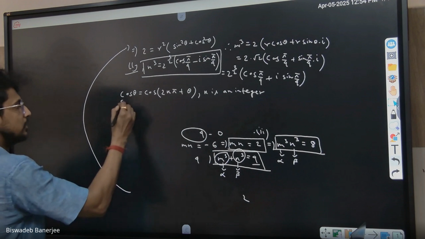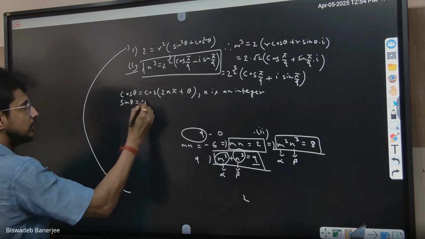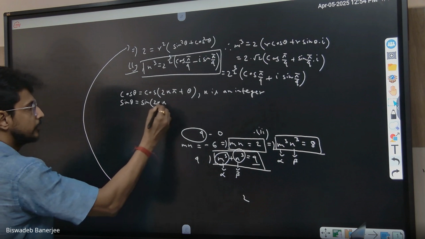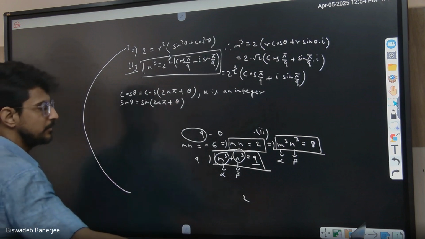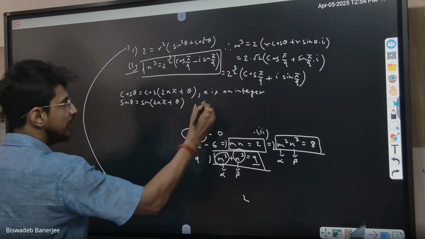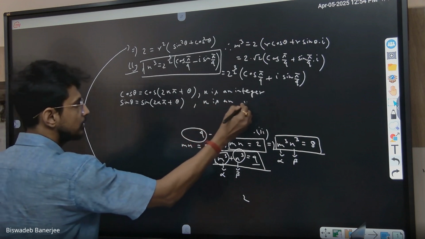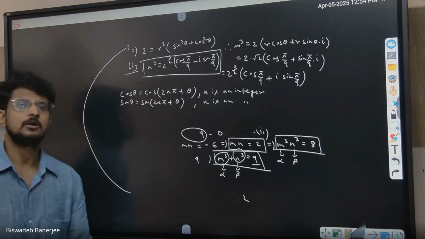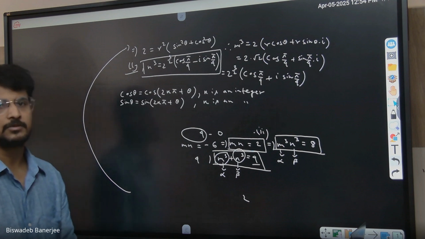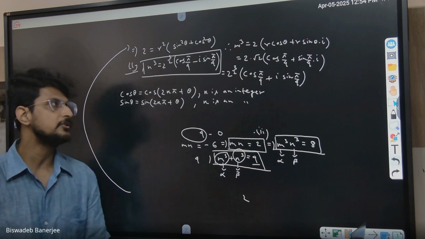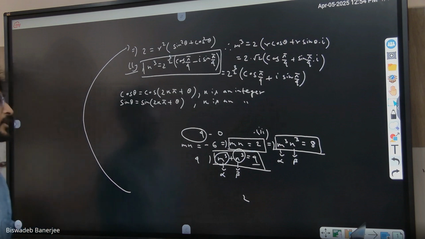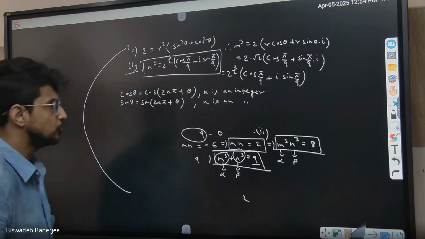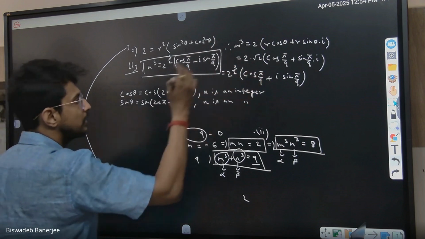And sin theta can also be written as sin of twice k pi plus theta, again where k is an integer. Now, if you use these results, we can simplify m cube and n cube.